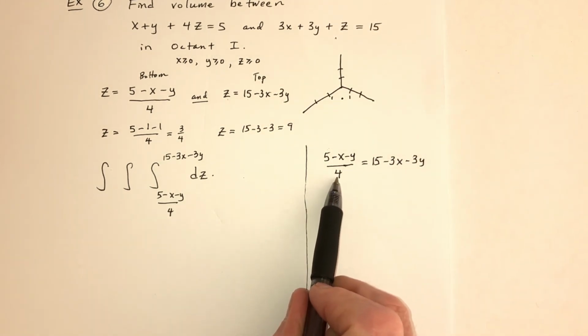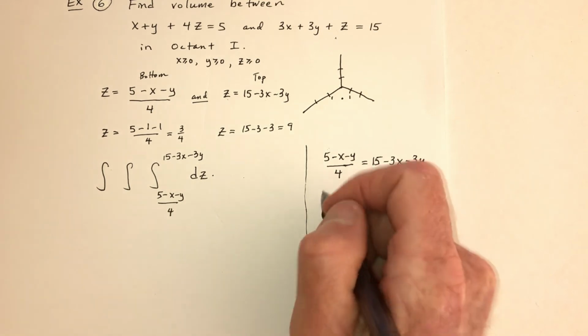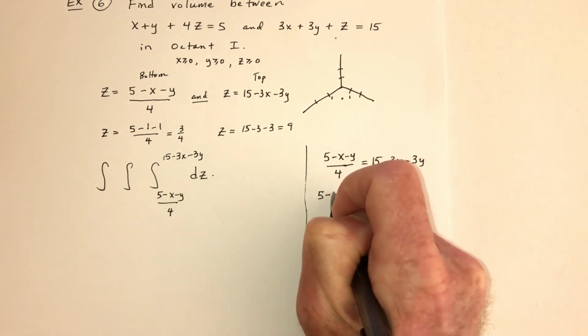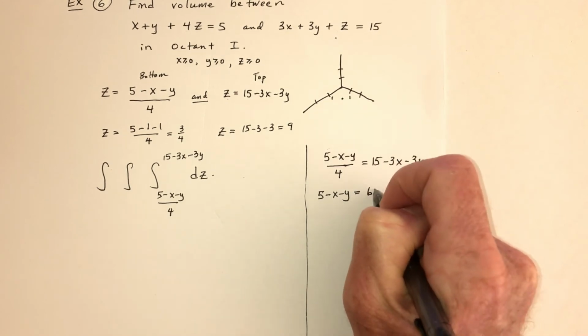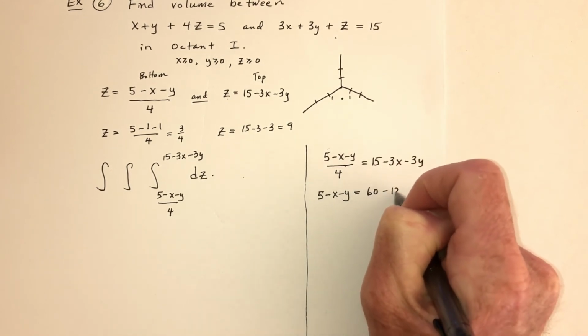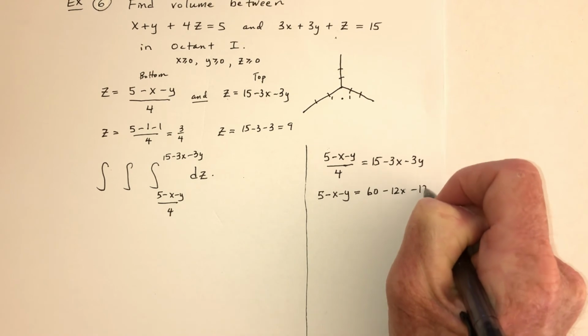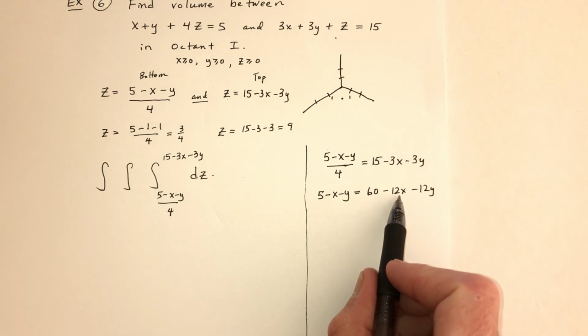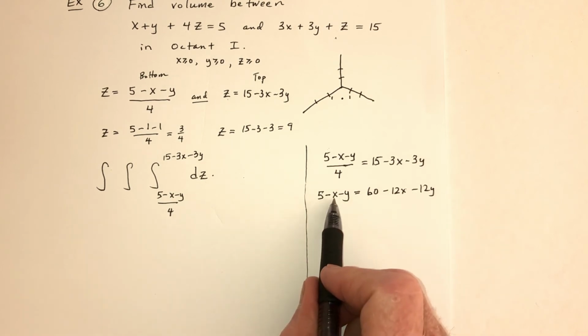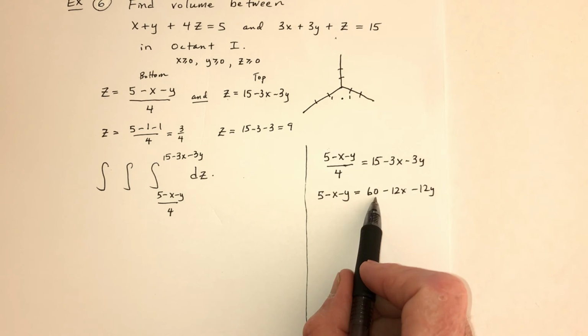I don't really want this fraction, so I'm going to multiply both sides by 4. So 5 minus x minus y, multiplied by 4, would be 60 minus 12x minus 12y. Then I'm going to add these to the other side, and take the 5 and move it to the right side.